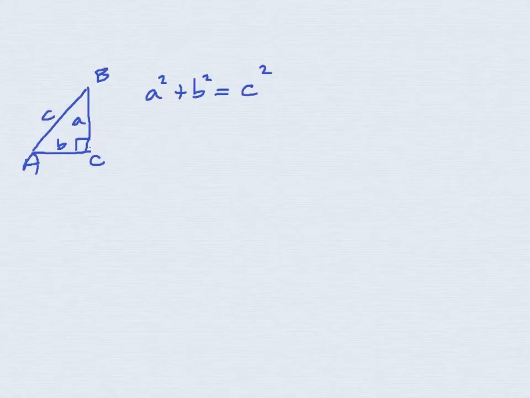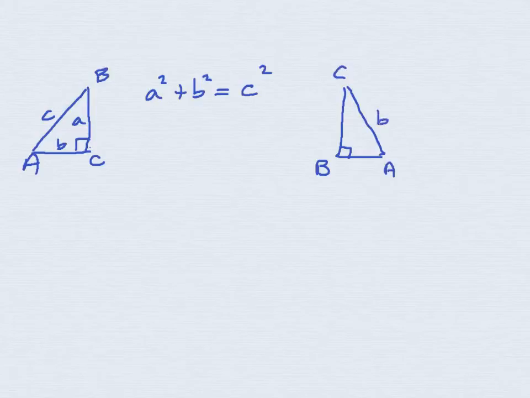What if some joker, namely me, gives you a different triangle, puts the letters on there differently? For example, it puts the right angle at B. This triangle then would be, the side across from angle B would be little b. And to write the proper Pythagorean theorem for this triangle would not work with a squared plus b squared equals c squared.